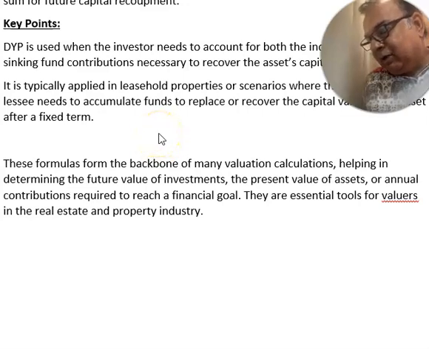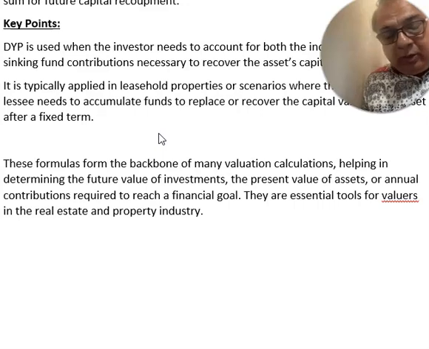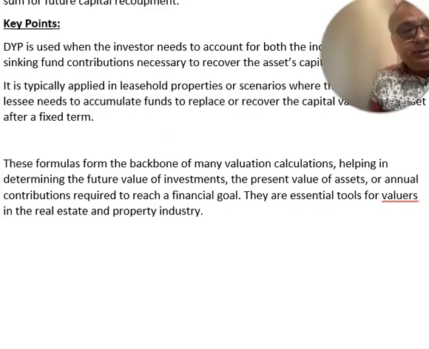All these formulas today we have learned: simple interest, compound interest, present value, accumulated sum of rupee 1 per year, sinking fund, year purchase.